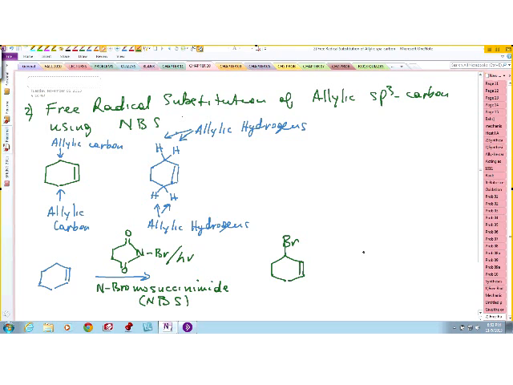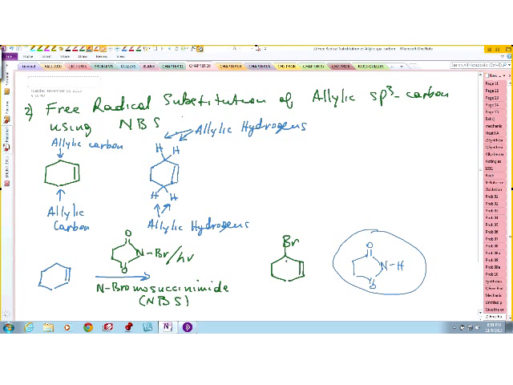So it only replaces the hydrogen attached to the allylic carbon. Yes, that is all it does, to form this. This is succinimide, which is not of interest to you.